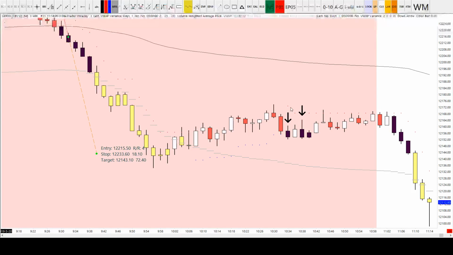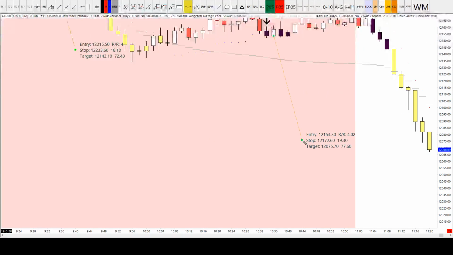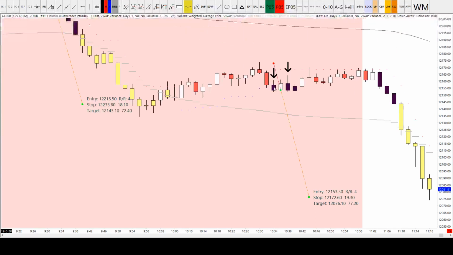You look for the dot, which is there. You get in on the open of the next candle, which would have been at the bottom of this one. So you're risking 19 points there, and you're looking for 4 to 1. It's the same situation as before. So you put yourself down to that. So 1R is 19 points. That's how much you're risking. So if it goes into profit by 1R, you move your stop loss to break even.